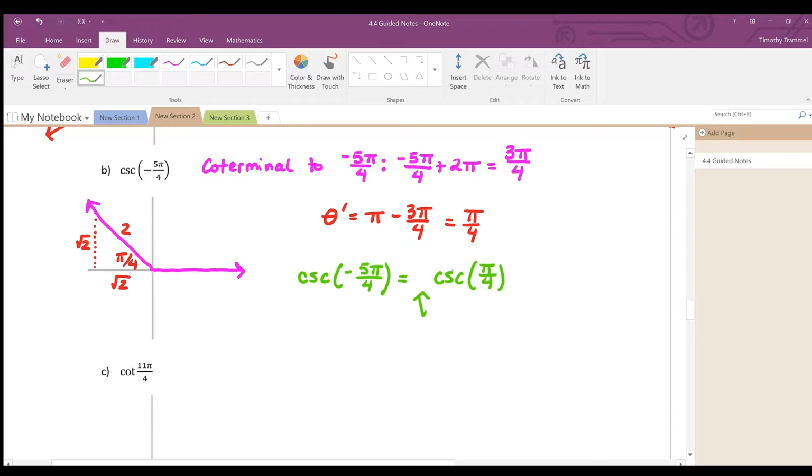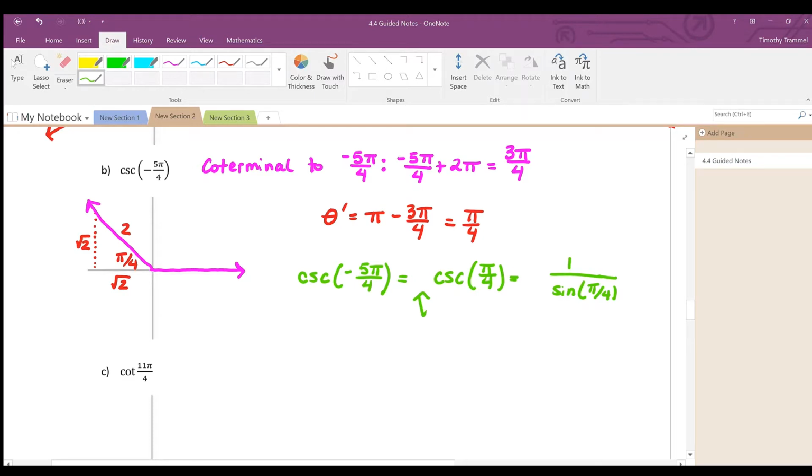Okay. And it might even help if instead of thinking about this as cosecant, maybe we think about it as just 1 over sine. That might be even easier. Okay. But we can do that in a minute. How about right now? 1 over sine of pi over 4. Okay, so that makes it easier. It's a little easier to work with sine and cosine.